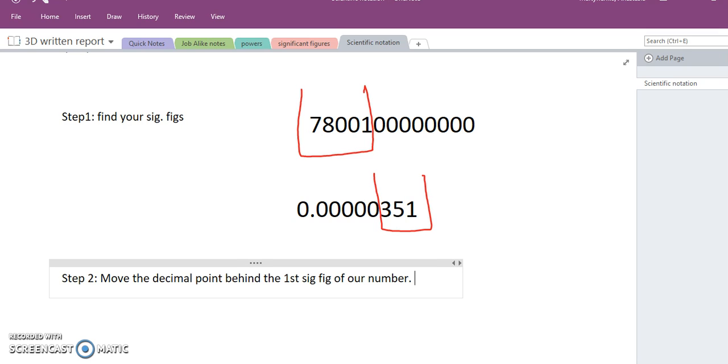Now this is important because in this step you're always counting from the left. So the very first sig fig of our number as you count from the left.